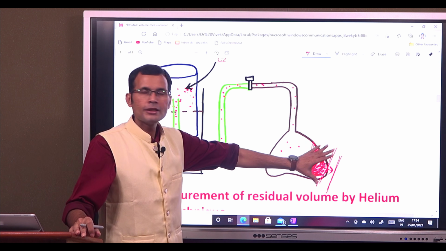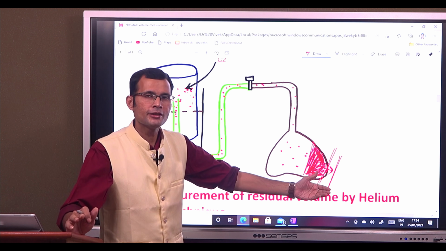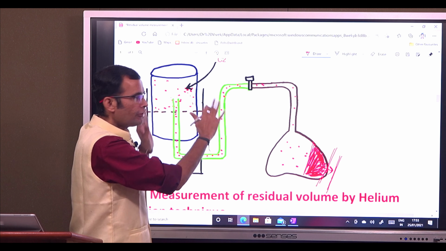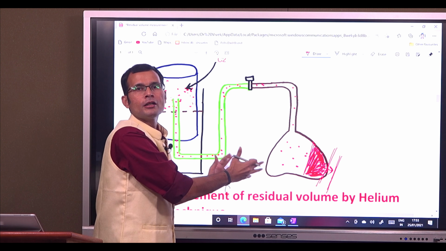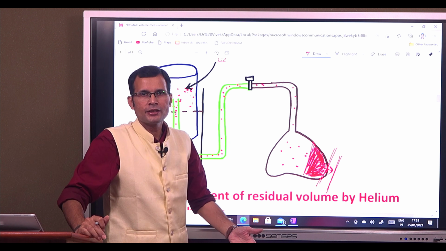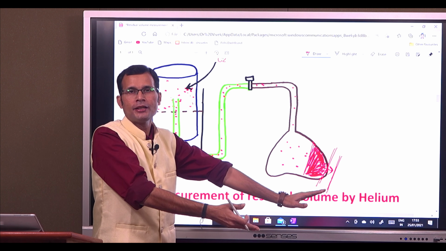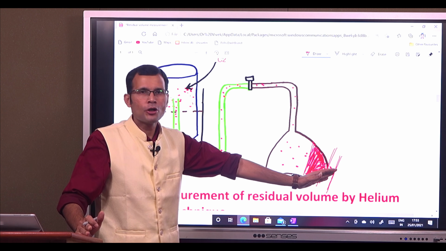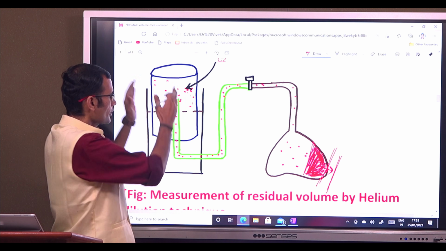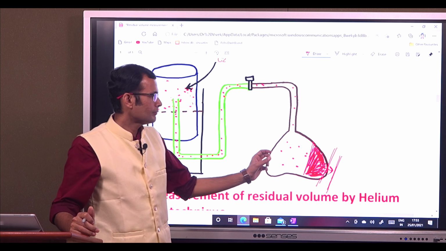Since this part of the lung is not available because air is not reaching there, the helium dilution will be into a relatively lower volume. Because of the airways plugging or any such reason, helium will not reach there, and therefore that V2, the spirometer volume plus lung volume, will be less.